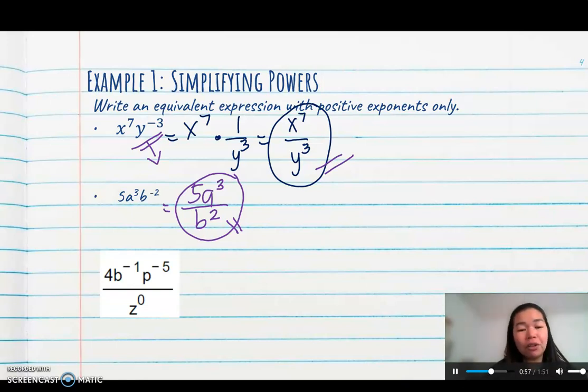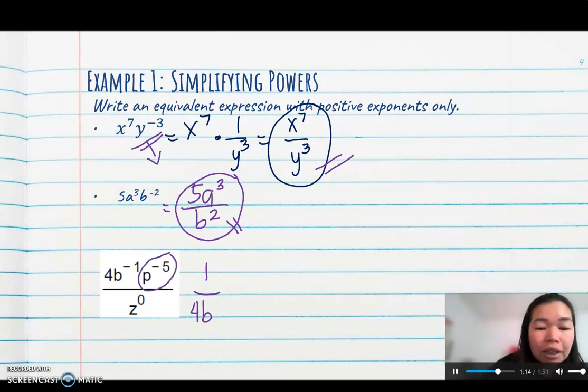Next example, we have 4b raised to the power of negative 1, so let us rewrite it. Because there are a lot of expressions there, let us rewrite it as 1 over 4b raised to the power of 1, or we're not going to write the number 1 anymore. And then we have p raised to the power of negative 5, so it will be 1 over p to the 5th power.